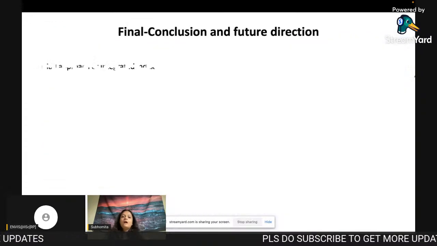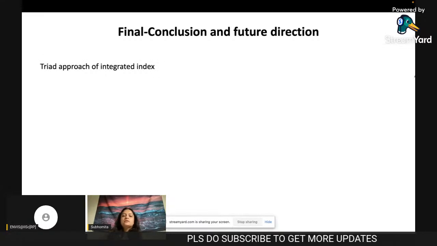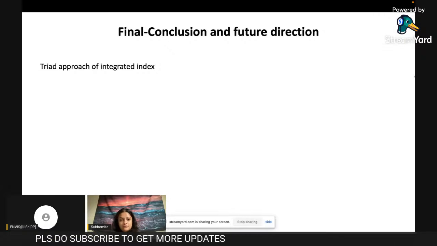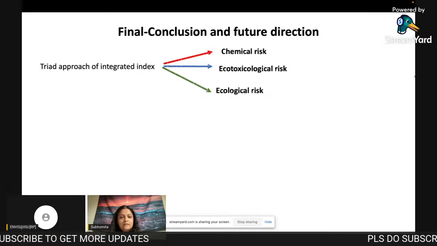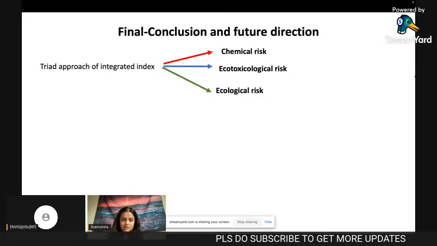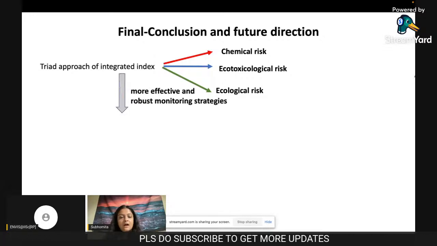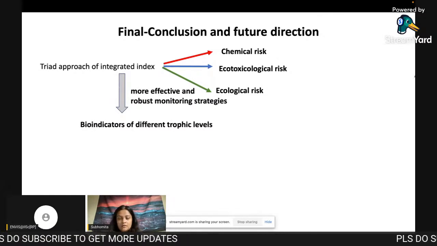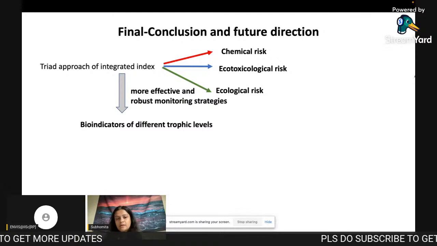So, the final conclusion and the future direction. We started from calculating the triad approach of the integrated index, which incorporates chemical risk, toxicological risk, and ecological risk. The triad approach tells us to look for more biological response signatures in terms of bioindicators.